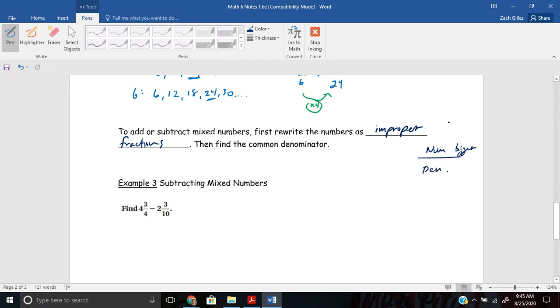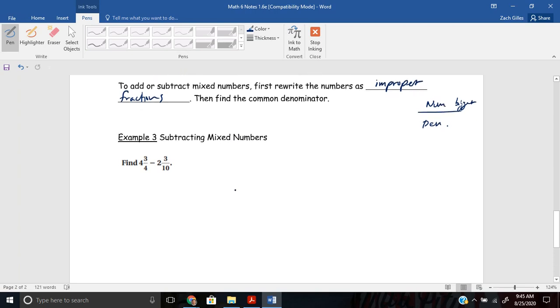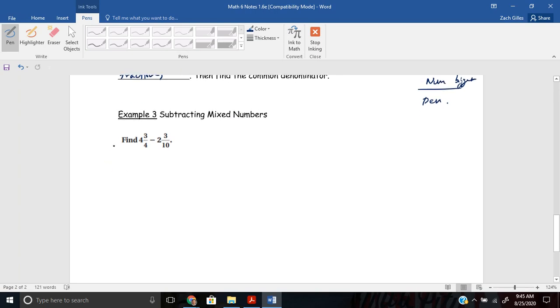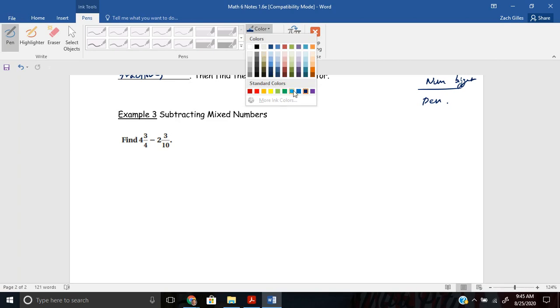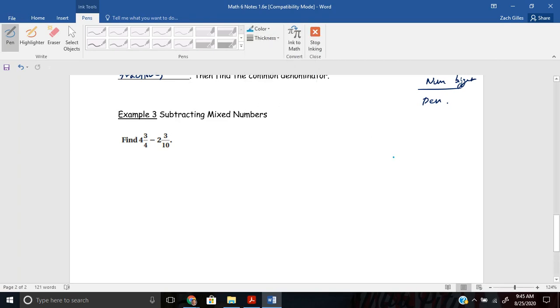All right, so we'll try that. I'll give you a quick reminder on how to change these mixed numbers into improper fractions. All right, the trick is to multiply your whole number times your denominator. So 4 times 4 gives me 16. And then add your numerator. So 16 plus 3 would give me 19.